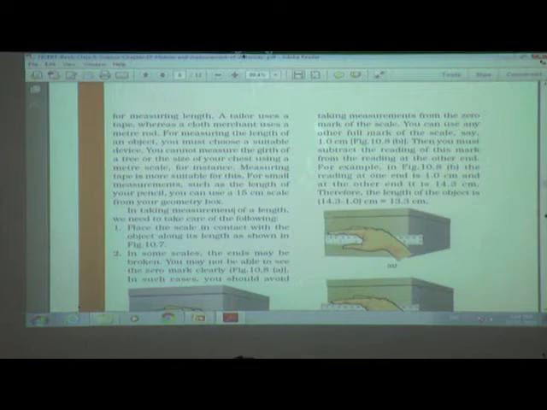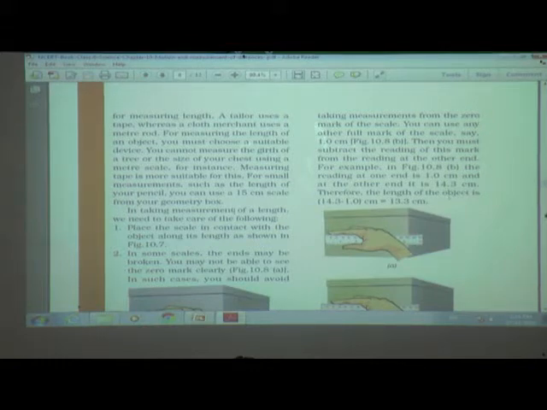That means if you have started from 1 centimeter and you have ended with, suppose, 13 or 14 centimeter, then you must subtract the reading of the mark from the reading at the other end. In the figure, the reading at one end is 1.0 centimeter and at the other end is 14.3 centimeter.